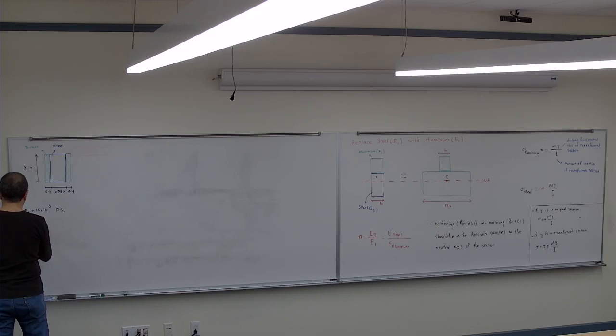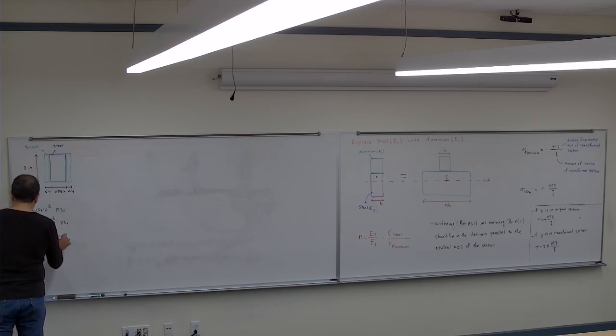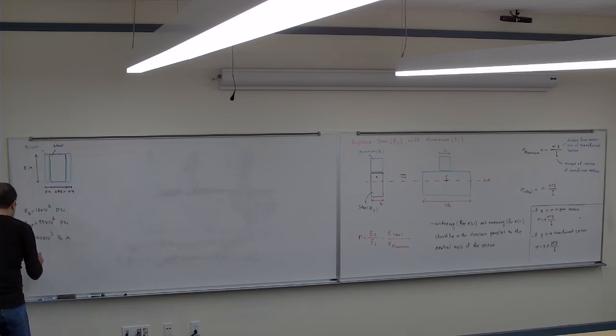Steel is 29 times 10 to the 6 psi. And the moment is going to be 40 kips inch. And then we want the sigma max for steel and sigma max for the brass.